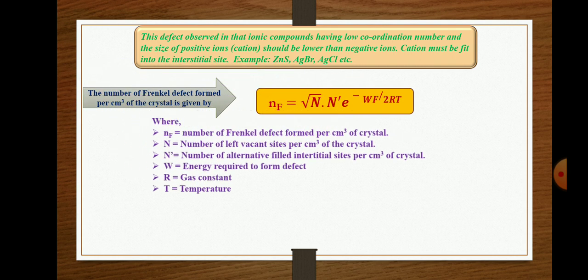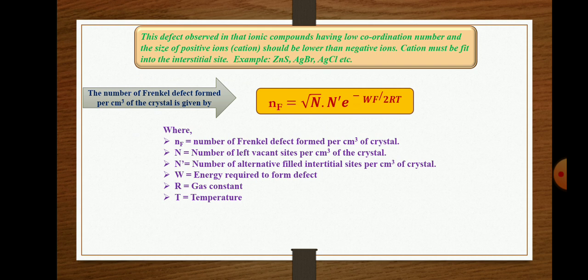So we learn what these terms present in this equation, where nf is equal to the number of Frenkel defects formed per cm cube of the crystal. Capital N is equal to the number of left vacant sites per cm cube of the crystal, and n dash is equal to the number of alternative filled interstitial sites per cm cube of a crystal.